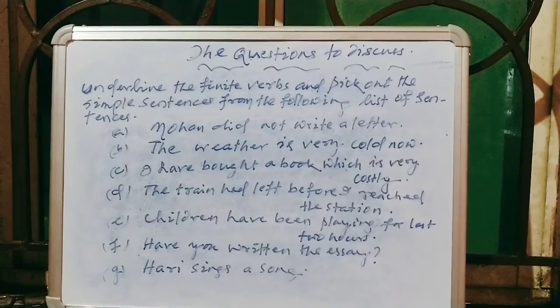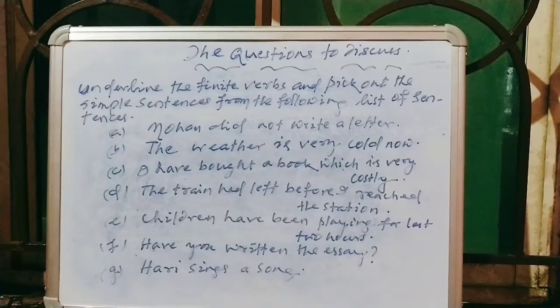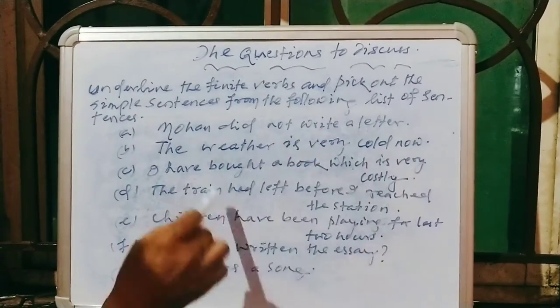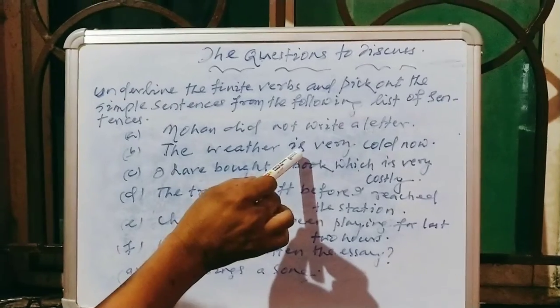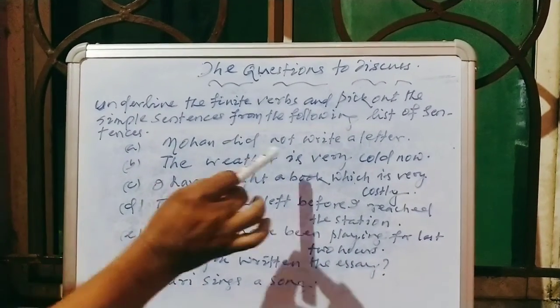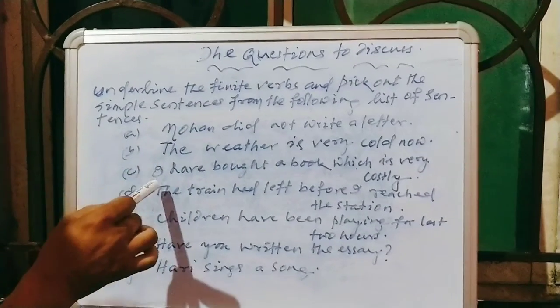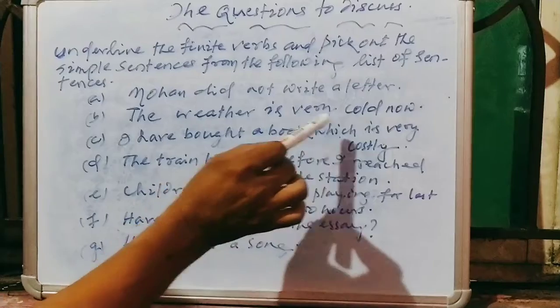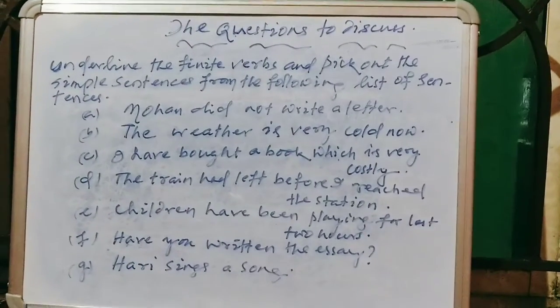Is it clear? Then you come to the second sentence. The weather is very cold now. Here we have a single verb, definitely the verb is finite. No confusion is there. And in the third sentence, I have bought a book which is very costly.